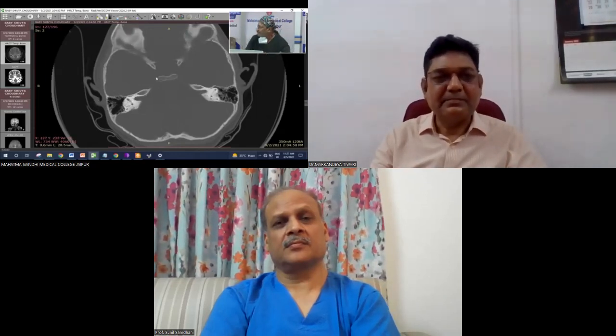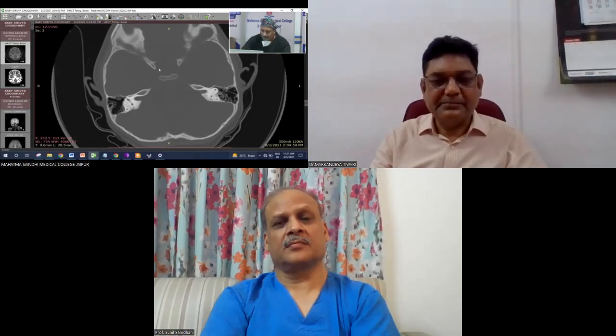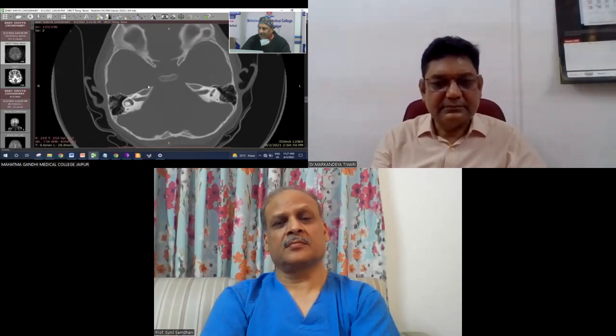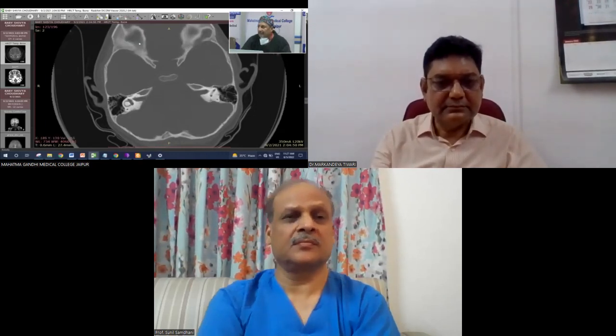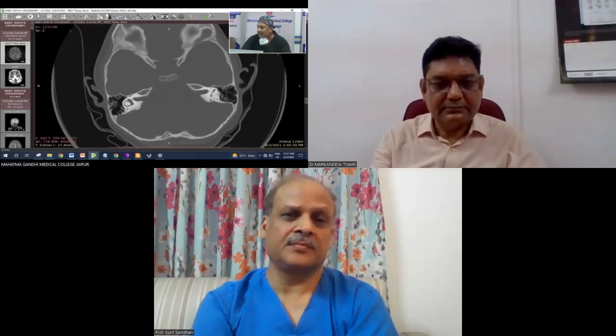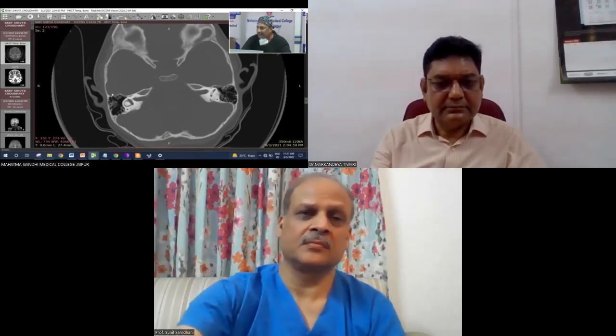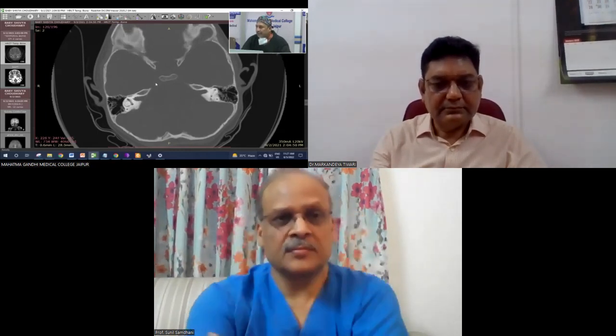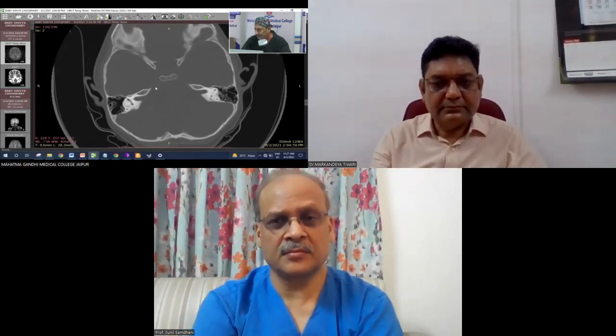Before going to the CT scan, as I said, we want a digital format. I am running my CT scan on this Radiant DICOM viewer, wherein I can get the maximum dynamic three-dimensional information, which is useful from the cochlear implant point of view.